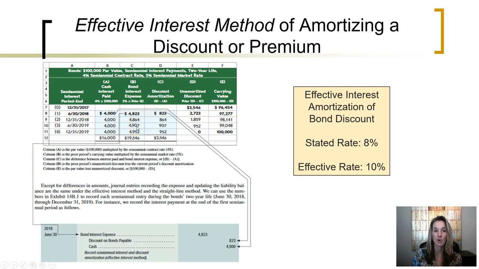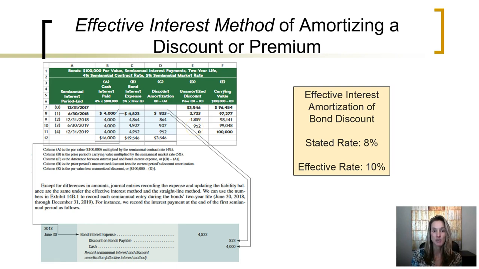Interest expense to record, $4,907. Cash paid to bondholders will remain at $4,000. The difference between the interest expense and the cash paid, $907, brings the unamortized discount down to $952.